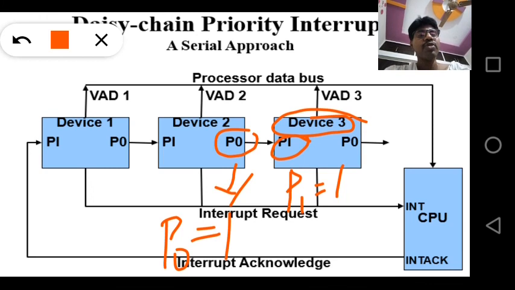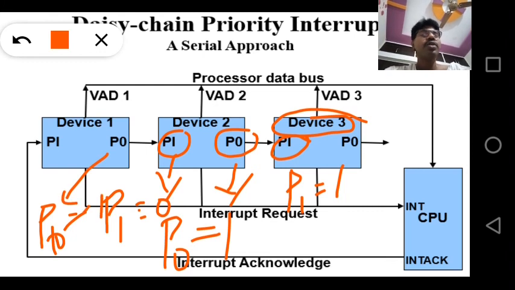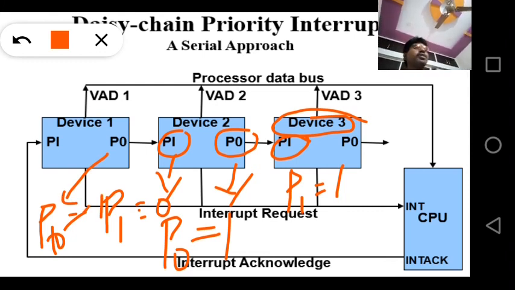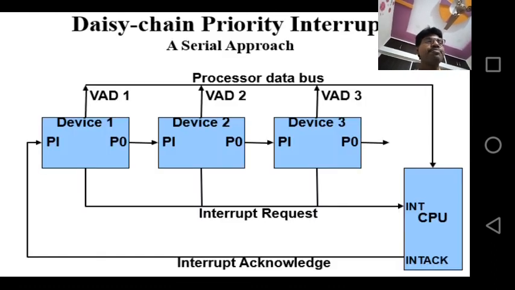P0 can be 1 only when this P1 is equal to 0. And this P0 can be 0 only when P0 of this is 1. It is something like this. So the cycle goes on like this. So what we discussed is a hardware approach, the daisy chain.